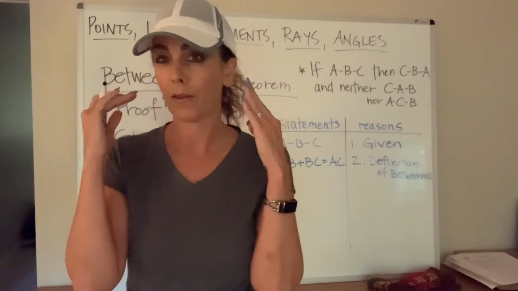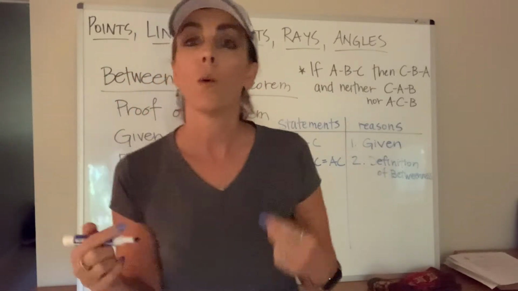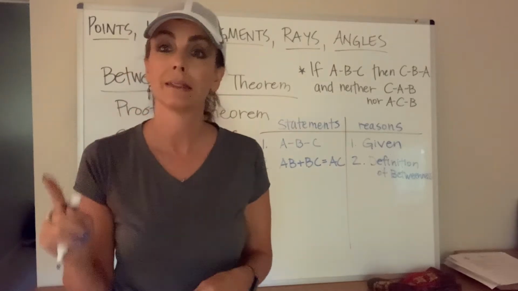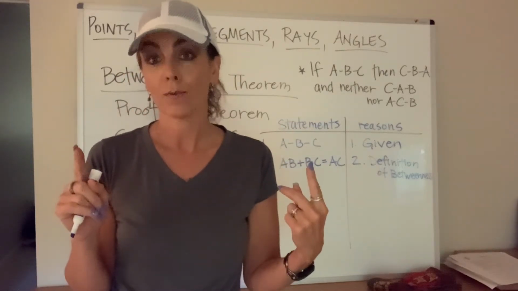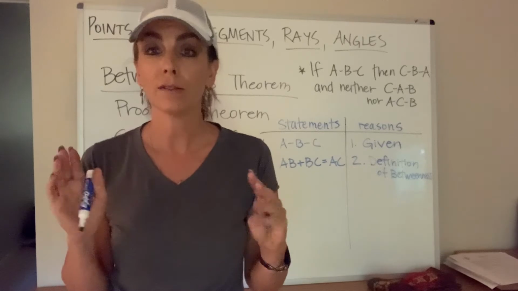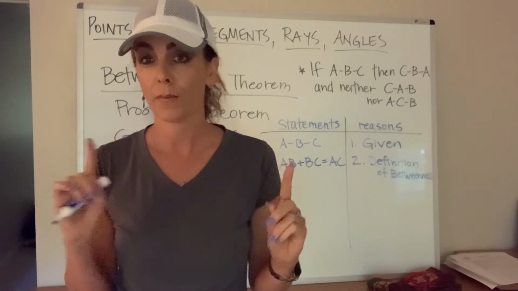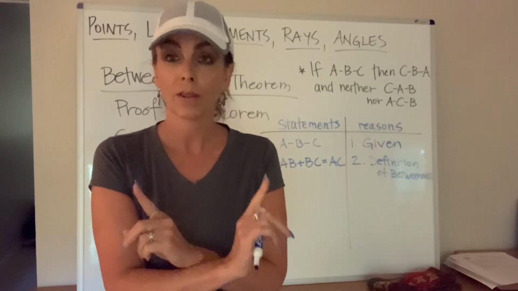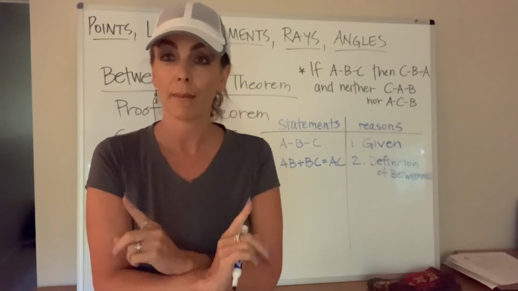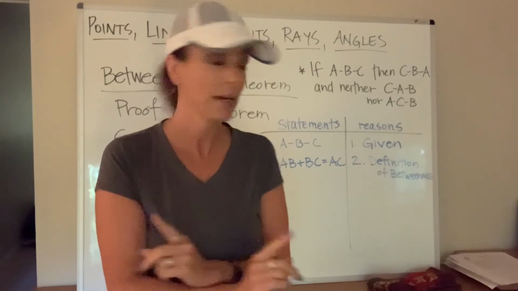We want to think about a proof with the end in mind, right? We want to get to B is between C and A. So let's go ahead and flip-flop the order that we're adding. We can do that because that's called the commutative property.